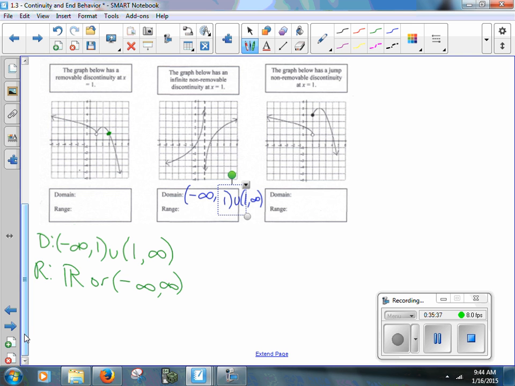Okay? So what would the range be then? Denisha, what would the range be for that one?